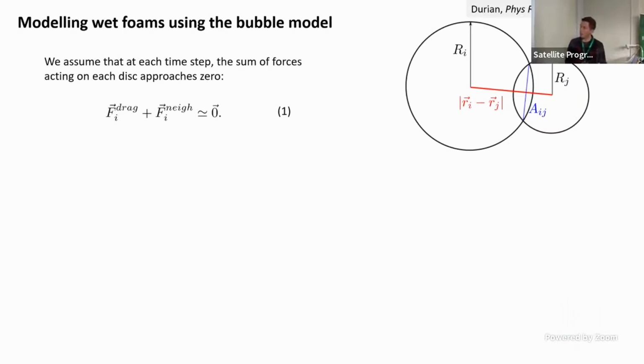And so this term, this average velocity, you can think of this maybe as the average velocity of neighbouring bubbles, that is reflected as 0. In that case, this assumption that the forces approach 0 on each bubble each time step simplifies to give me this equation here. So the bubble velocities are just a result from the repulsion forces, where mu 0 is the viscosity parameter.